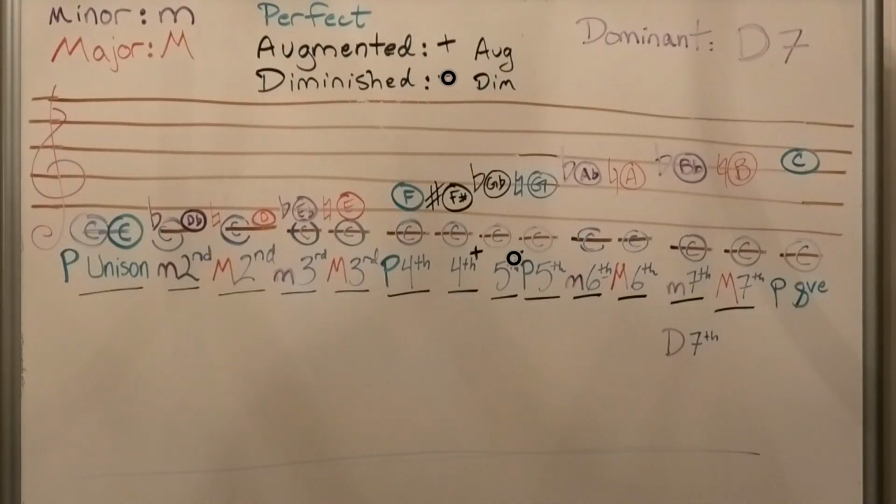So there you have it. Unison, minor second, minor third, major third, perfect fourth, augmented fourth, diminished fifth, same thing. Perfect fifth, minor sixth, major sixth, minor seventh, or dominant seventh, major seventh. We call that the lounge interval because if you play a major seventh above a major chord, it sounds like you're in a lounge, like a cigar lounge.